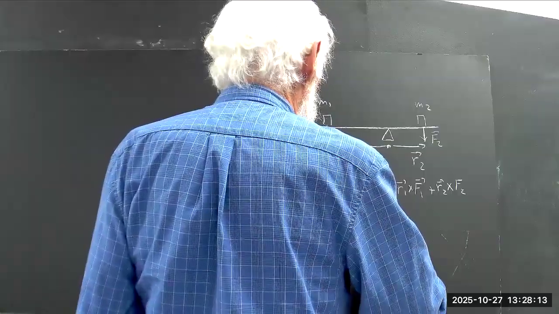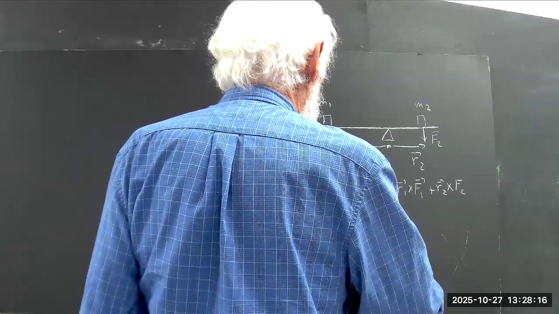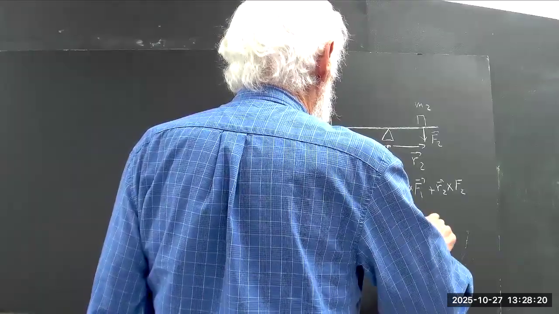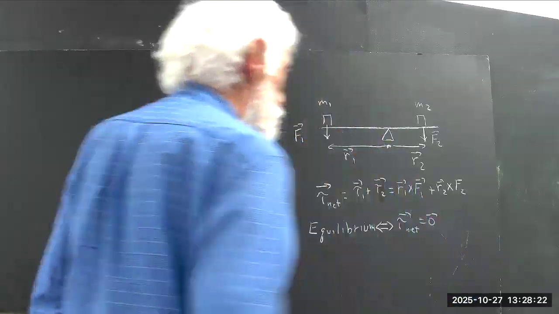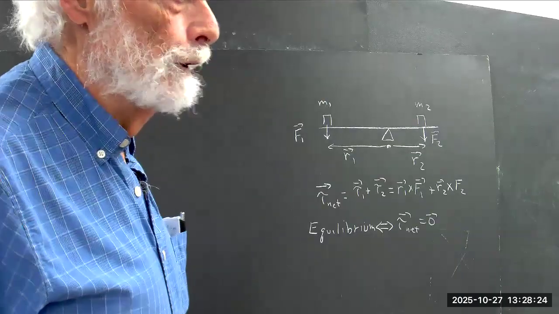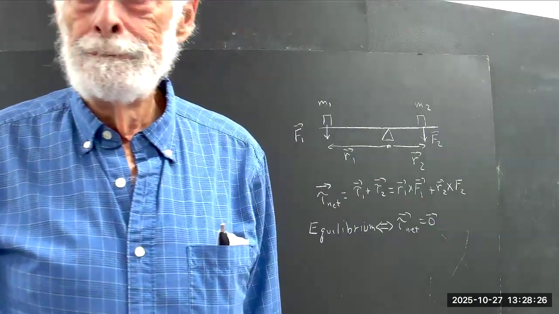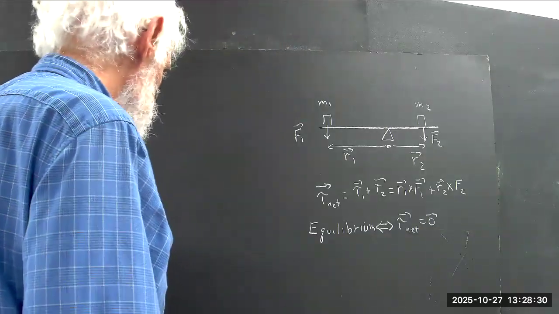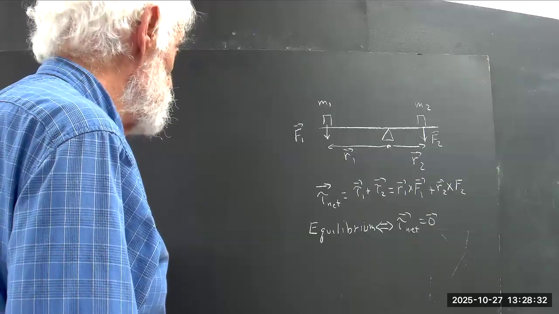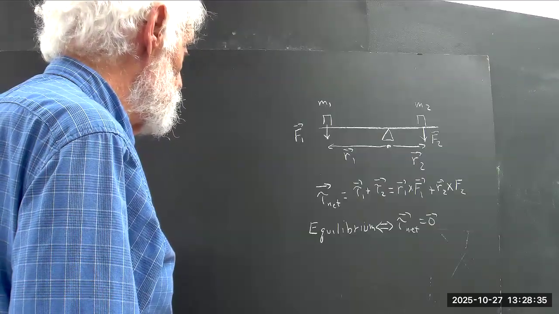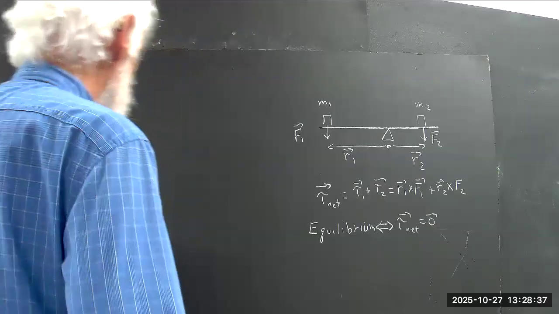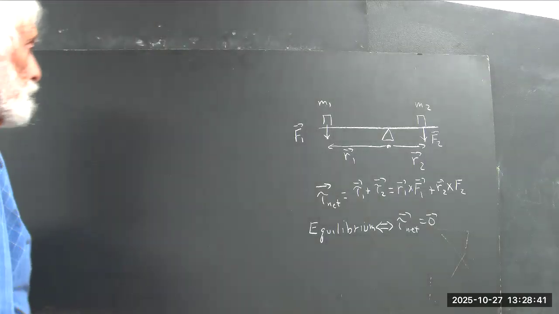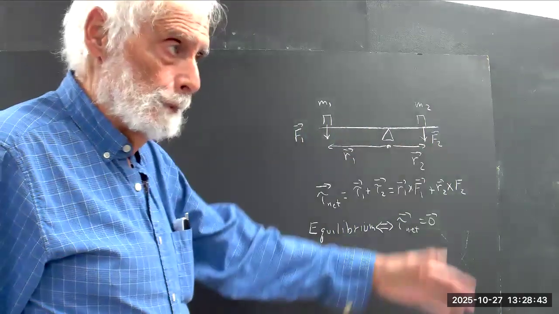Equilibrium if and only if you add those two vectors and you get the zero vector. Now this is pretty simple.